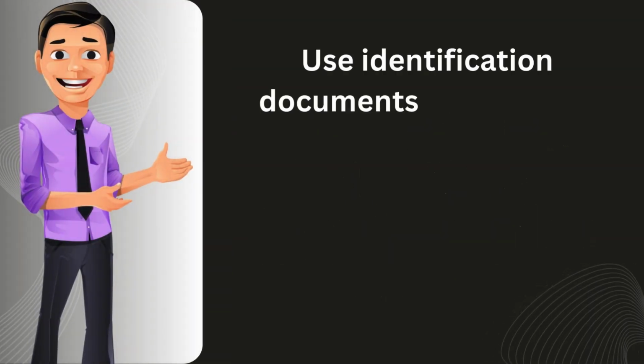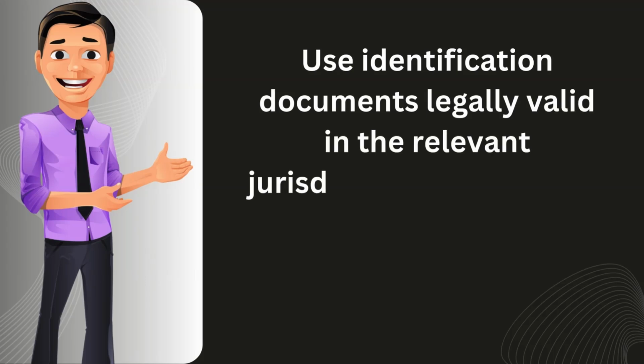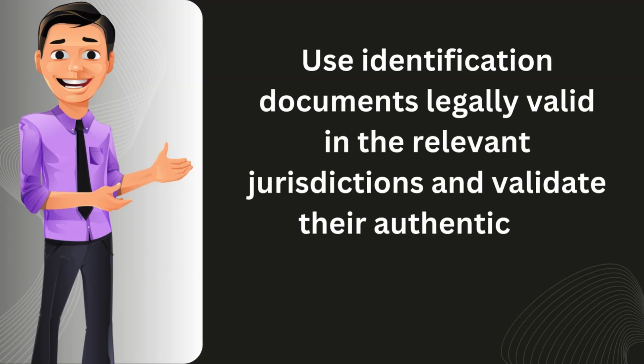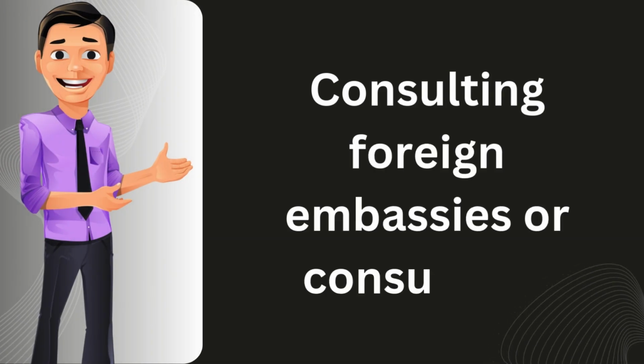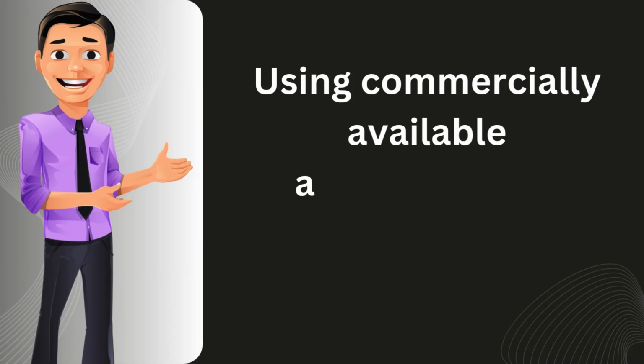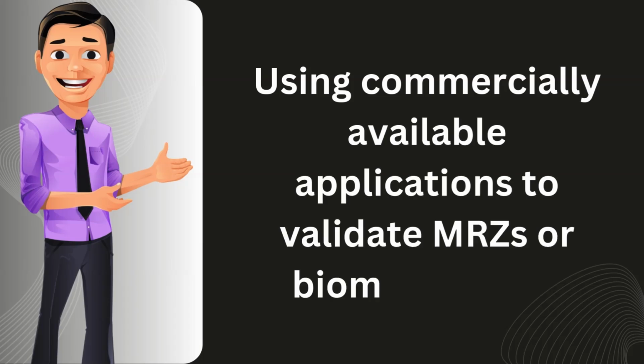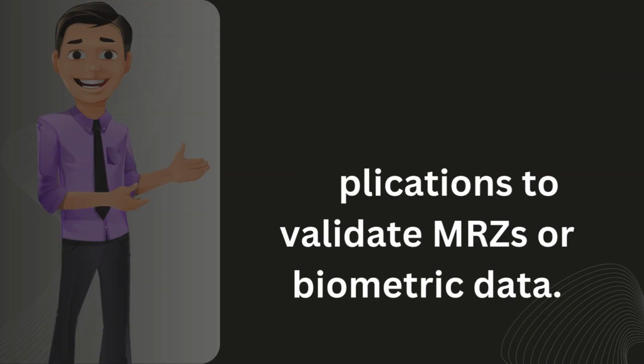Foreign nationals. Use identification documents legally valid in the relevant jurisdictions and validate their authenticity, especially for high-risk factors. Methods include consulting foreign embassies or consulates, using commercially available applications to validate MRZs or biometric data.